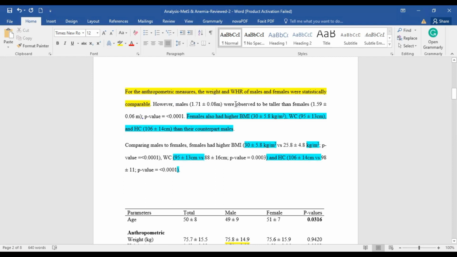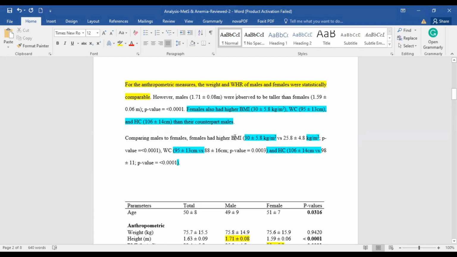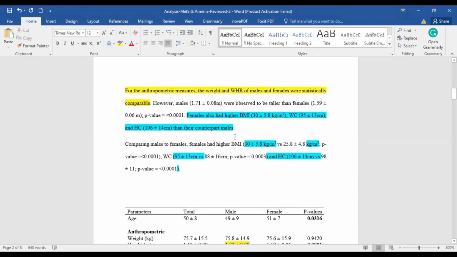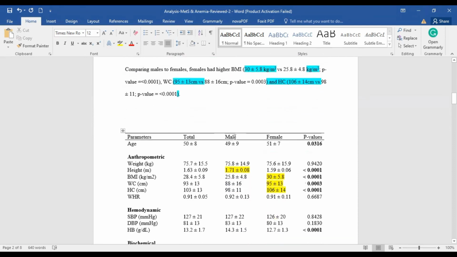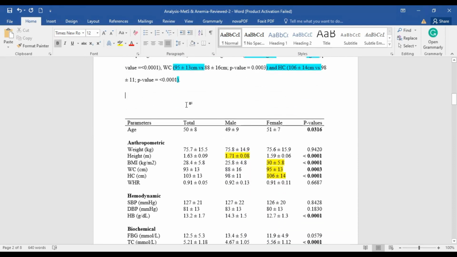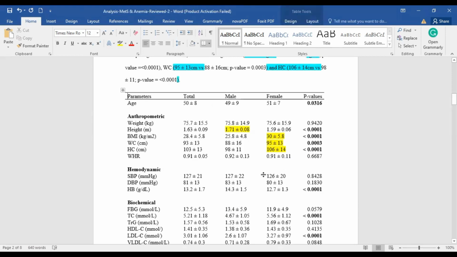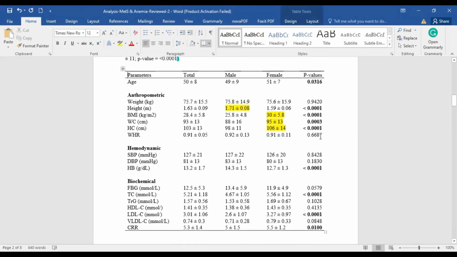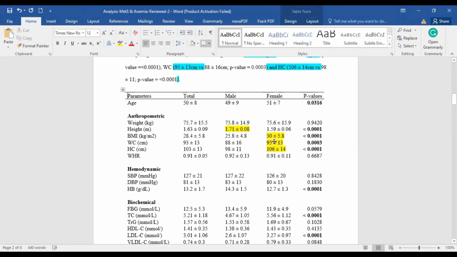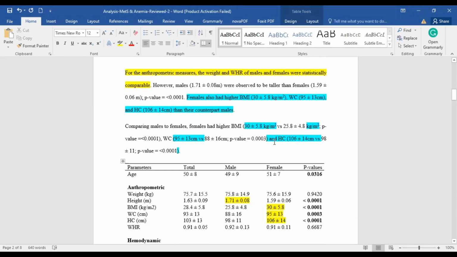In scientific studies, we are interested in looking at differences, so that is why we pay attention to abnormalities or things that are not the same. So usually we focus on where there's a difference. Here HB is different, it's higher among males than females. This is a normal observation because we know the physiological background. So basically, that is how you can do interpretation for this particular table.